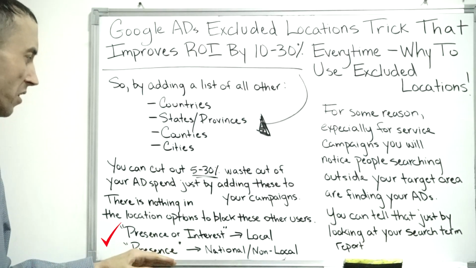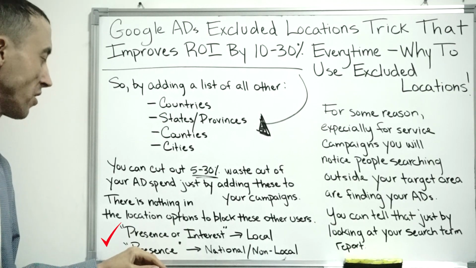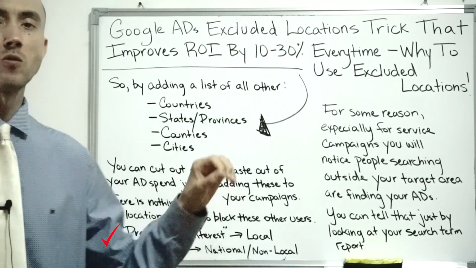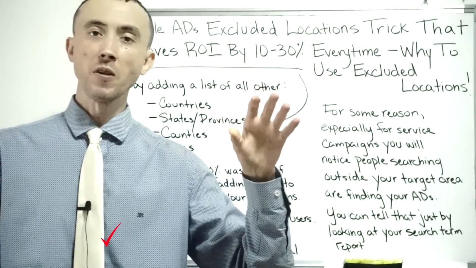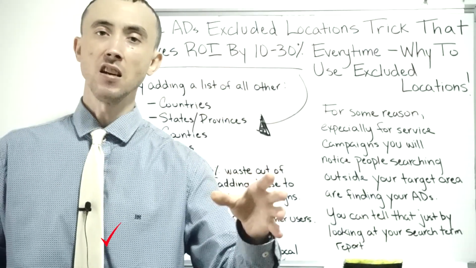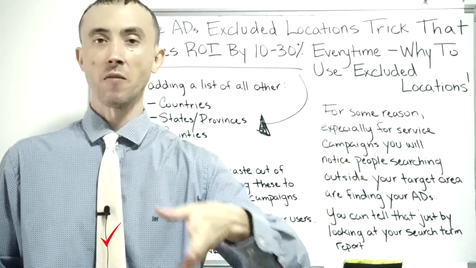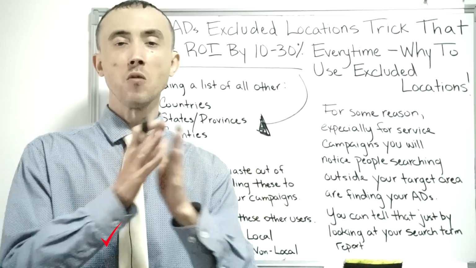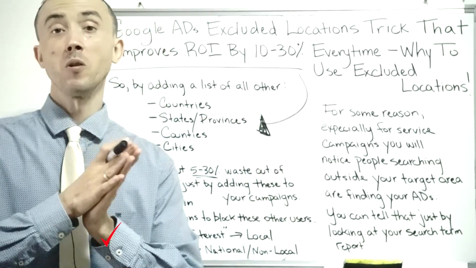But if you go presence only in your advanced location settings on a local campaign, what you miss out on is this: let's say you only cover half the city in your geographic market. Like, let's say you target Orlando, but you really only cover half of Orlando, and that's where you want your customers.